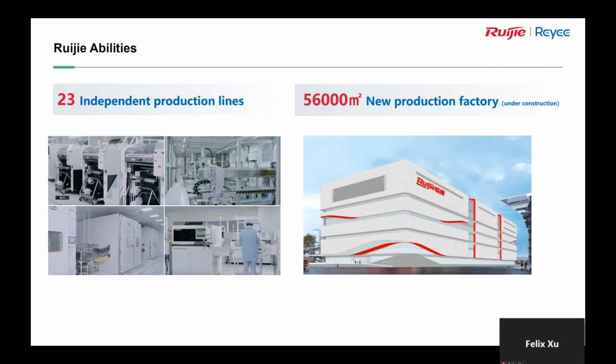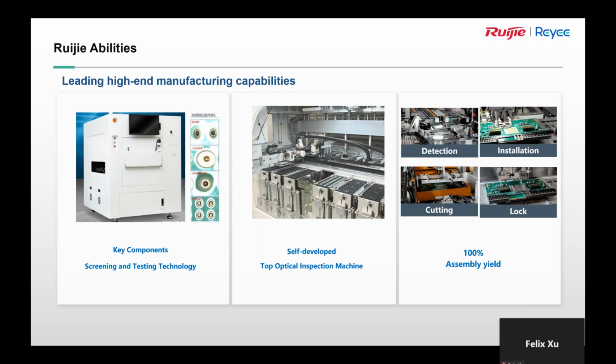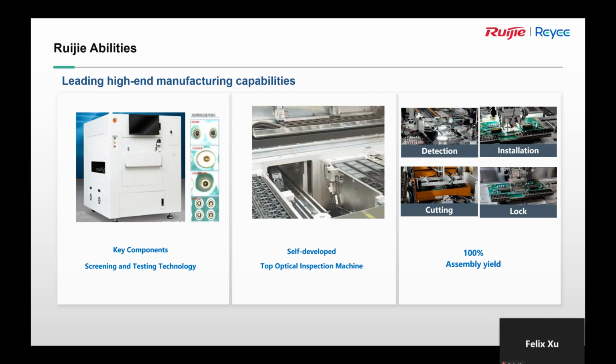Ruijie has 23 independent production lines and a 56,000 square meter new product factory. If we go to the Ruijie factory, we can find these self-developed machines with its own technology, which ensure the quality of Ruijie products.